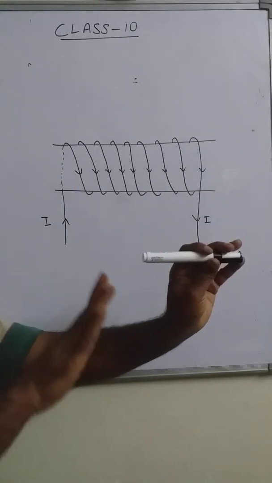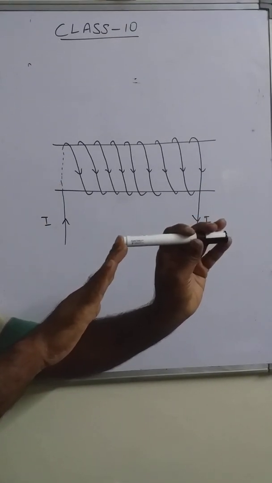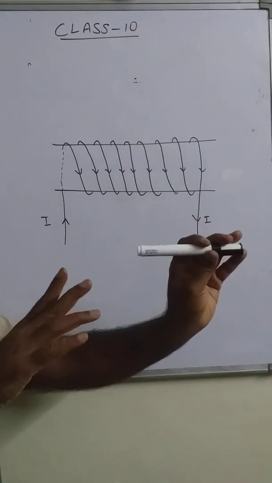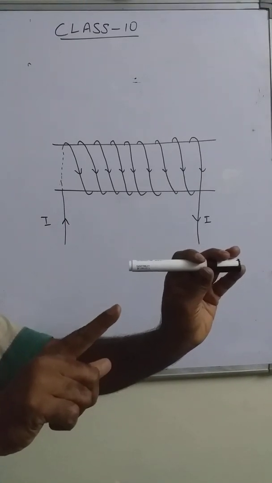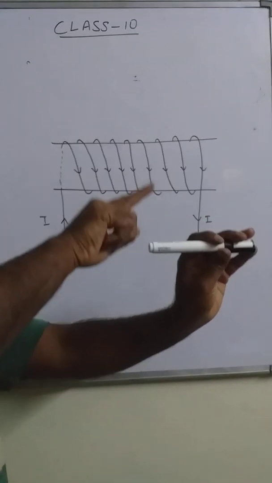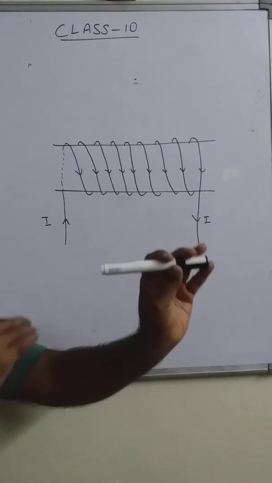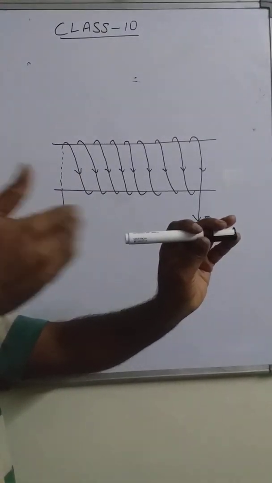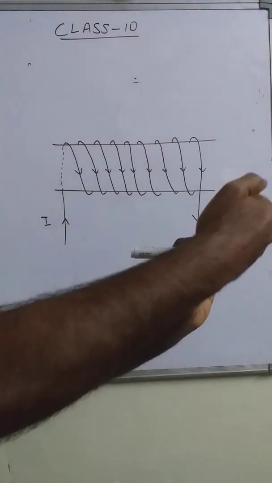Now I am observing this solenoid from this side. Here the current is flowing in the clockwise direction, and we know that in a circular coil, if the current is flowing clockwise, then the facing side is the south pole. Facing side means the side closer to me is south, and the far side is north.